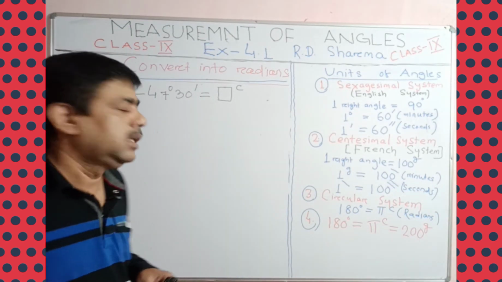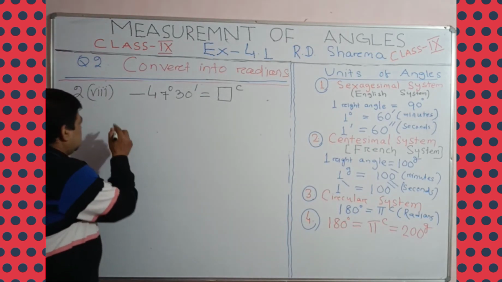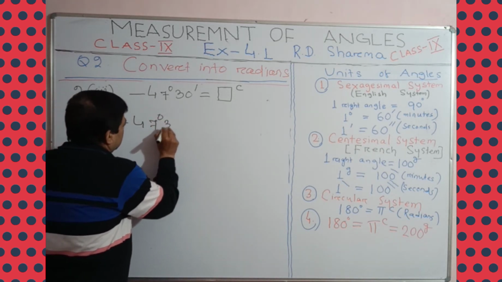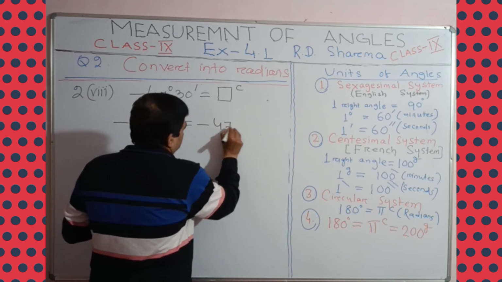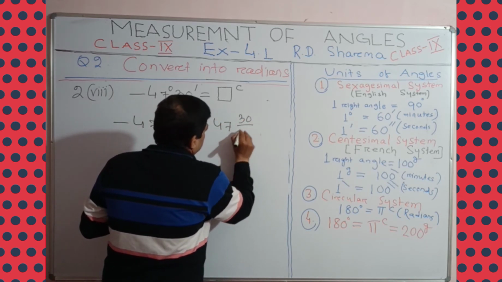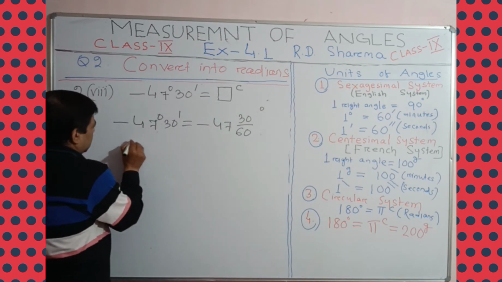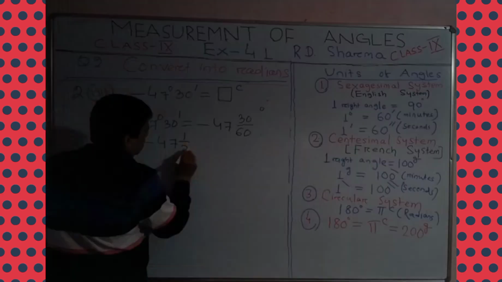Okay, and here you see, first of all you convert minute into degree. So minus 47 degree 30 minute, similar process, minus 47 whole 30 by 60 degree, or minus 47 1 upon 2 degree.